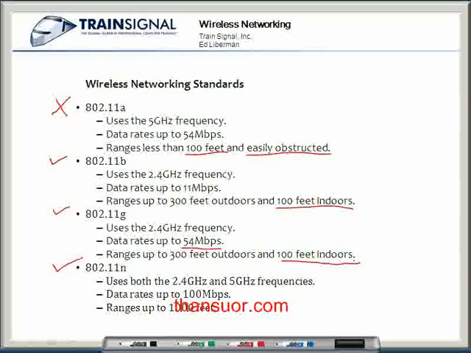Now, the latest and greatest networking standard that's out there is 802.11n. It's an interesting technology because, first of all, it can have separate channels using both the 2.4 and 5 gigahertz frequencies.